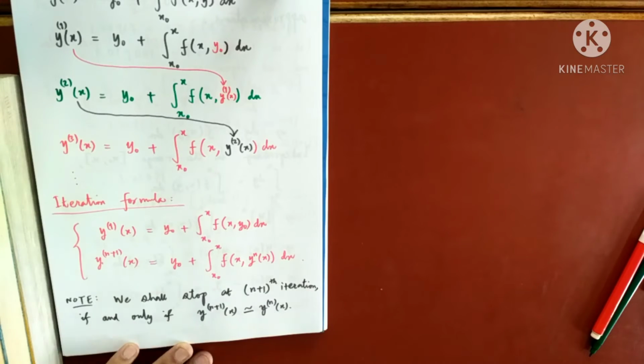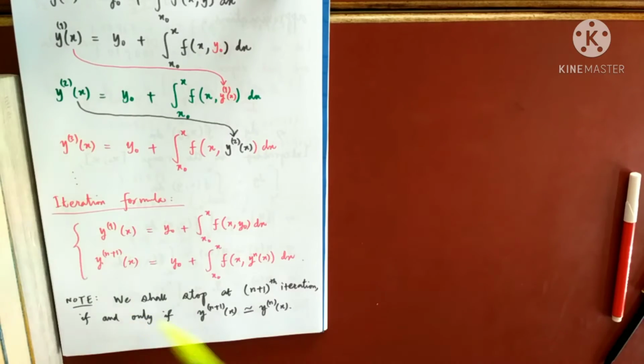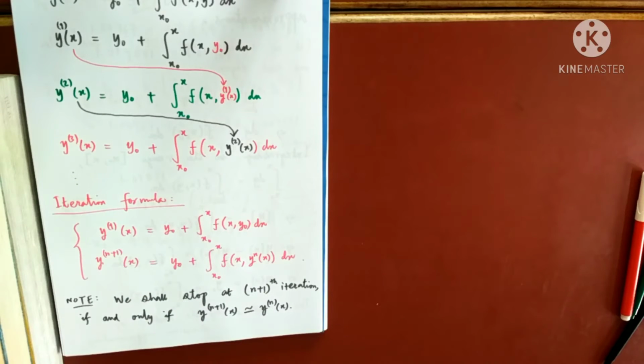So we already know this rule. When should we stop? When my current iteration and the previous iteration become almost equal according to the level of tolerance. So remember the iteration scheme for Picard's method, and when to stop, and I'll do the sums based on Picard's method. The method is pretty simple. Let's do the sums.